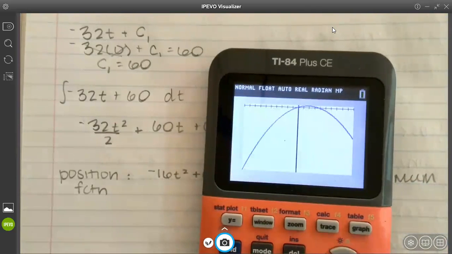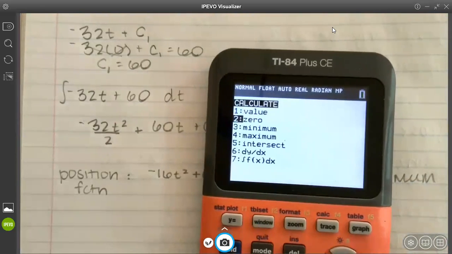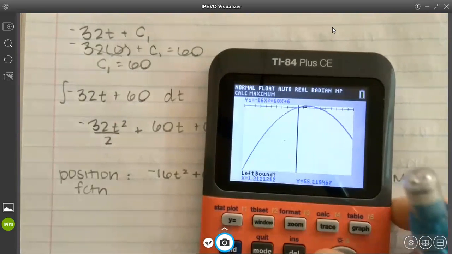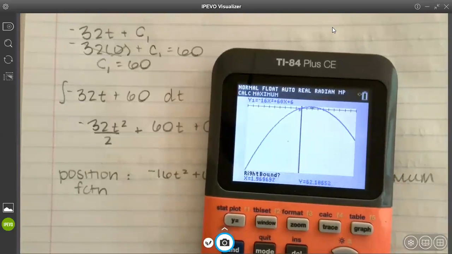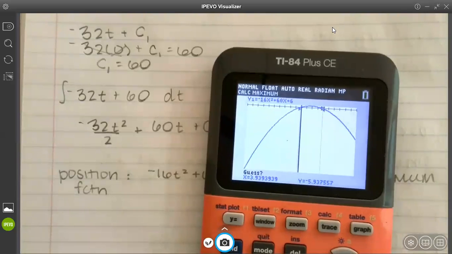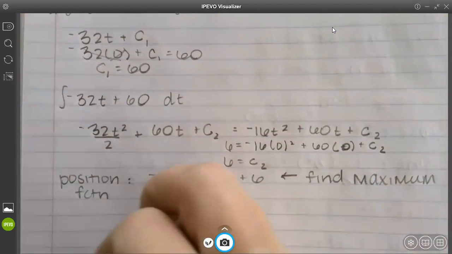I did zoom 0 so that I could see the top. Second trace, max, go to the left of the maximum, go to the right, go to the middle.